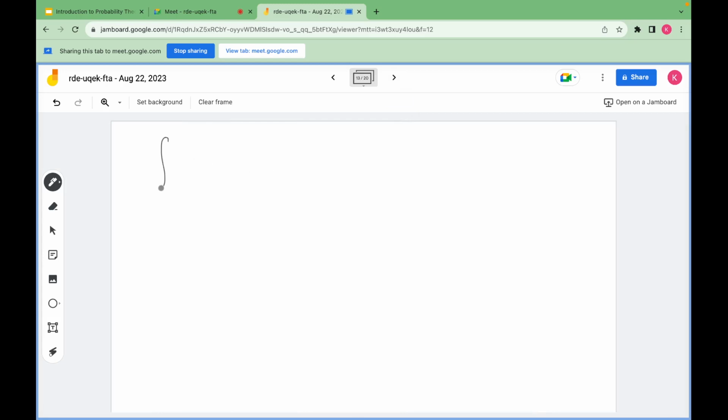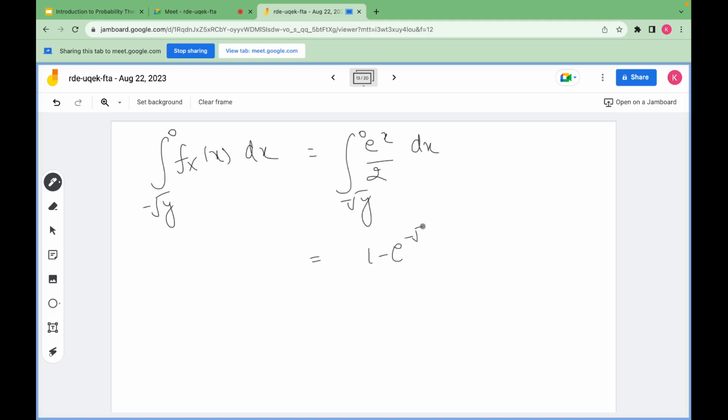So first we will find this for minus root y to 0. This is the integral of e to the power x by 2 dx from minus root y to 0. So this comes out to be 1 minus e to the power minus root y, divided by 2.